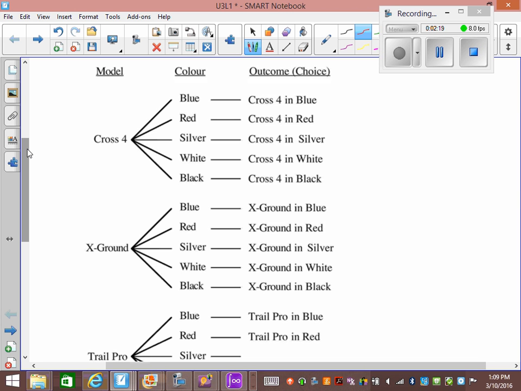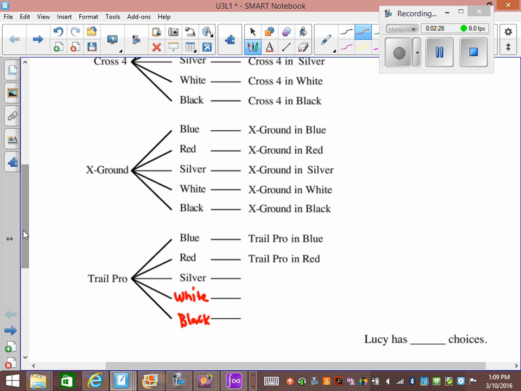So we have a Cross 4 in blue, a Cross 4 in red, a Cross 4 in silver, a Cross 4 in white, Cross 4 in black, an X Ground in blue, an X Ground in red, an X Ground in silver, an X Ground in white, an X Ground in black.